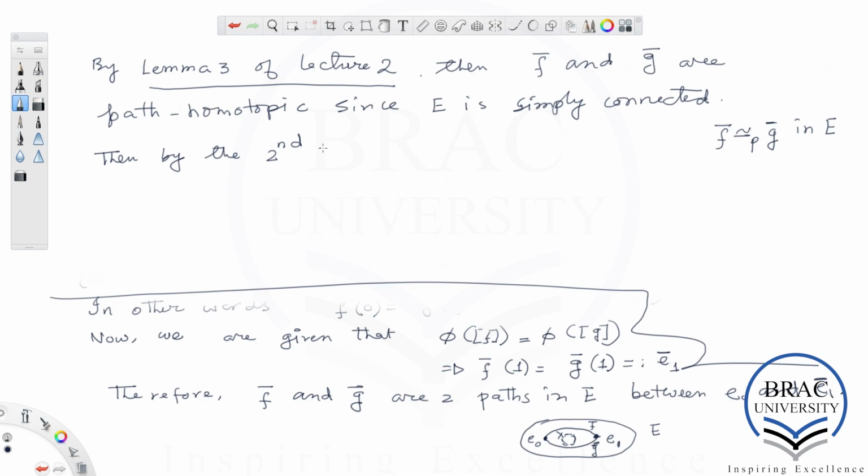So by the second key fact, P composed with F is a path homotopy, okay.